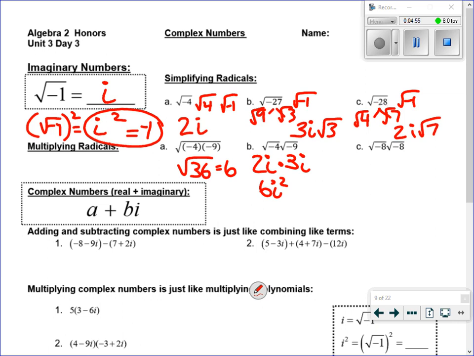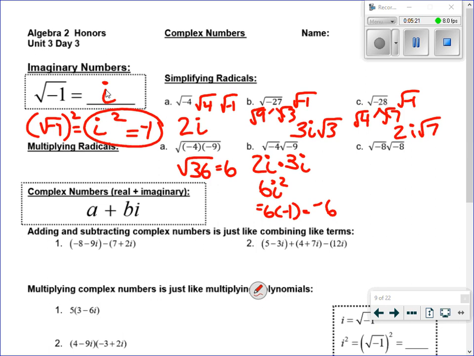So it would be -6, because this is 6 times negative 1, which is negative 6. Right, so there's no more i here because i squared is the same thing as what? Negative 1.